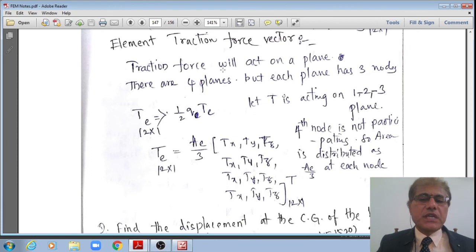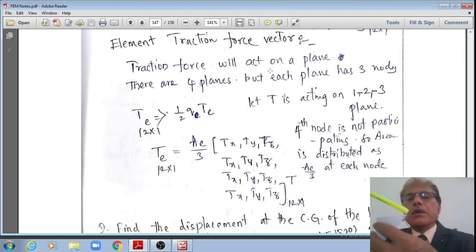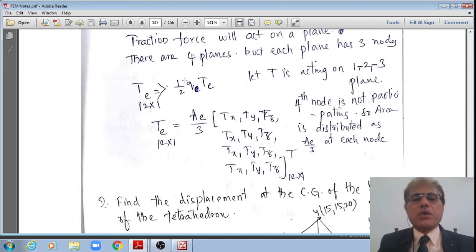Let us say this is acting on plane 1 2 3, then the load contribution to the fourth node is zero. That is how you already know it.